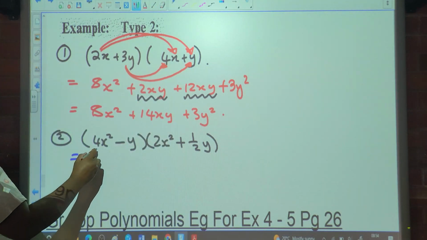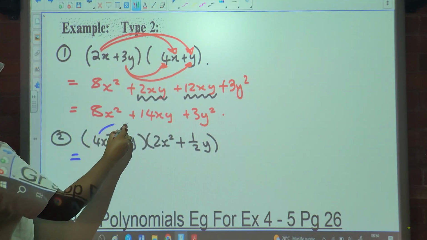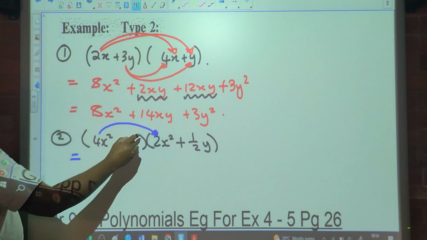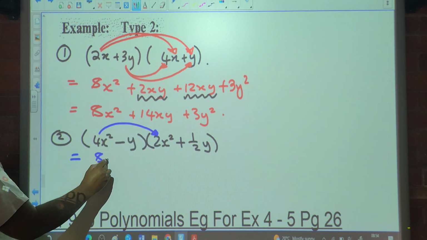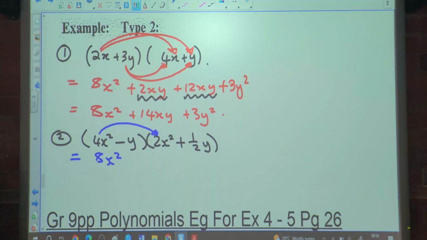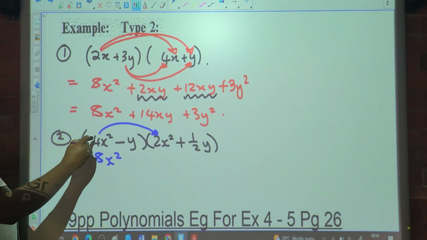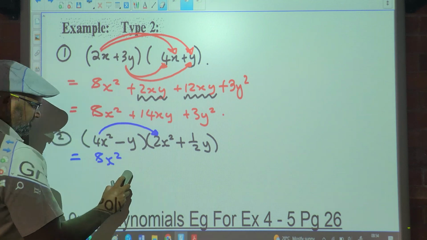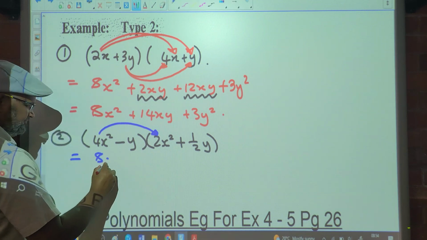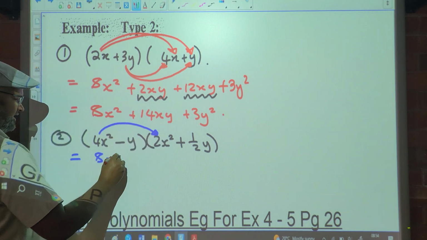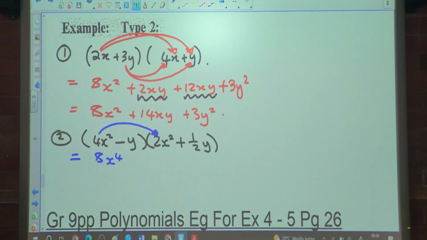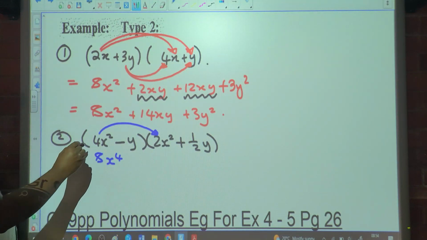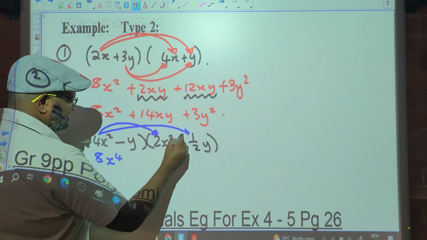Okay. So what is 4x squared multiplied by 2x squared? 8x to the power 4, sorry, my mistake. When you multiply and the bases are the same, you add the exponents. Nice, you guys are correcting me already.